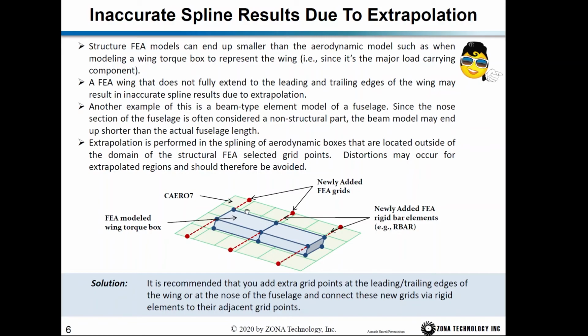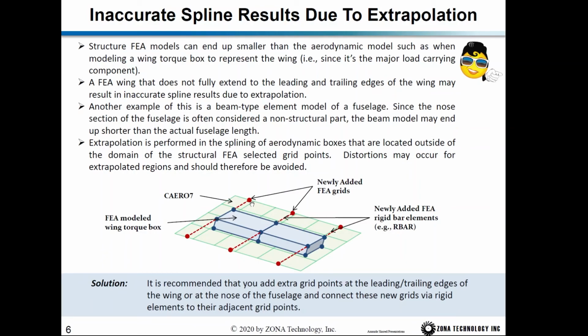You only model the mass of those control surfaces in the structure model. So in this case, the structure domain is smaller than the aerodynamic domain. So if you use the plate spline, you will do extrapolation.